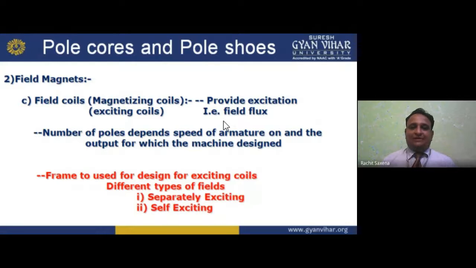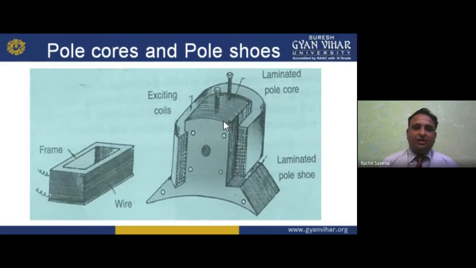Separately excited doesn't have any sub-parts, but self-excited has three, my dear student: shunt wound, series wound, and compound wound. Compound wound are of two types: cumulative and differential compound, with long shunt and short shunt. Later I'll tell you the types, but these are basically the field coils. I hope you understand.